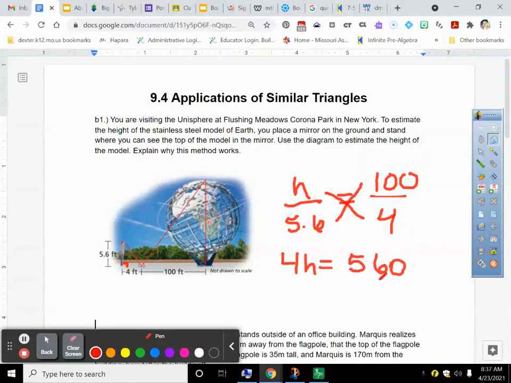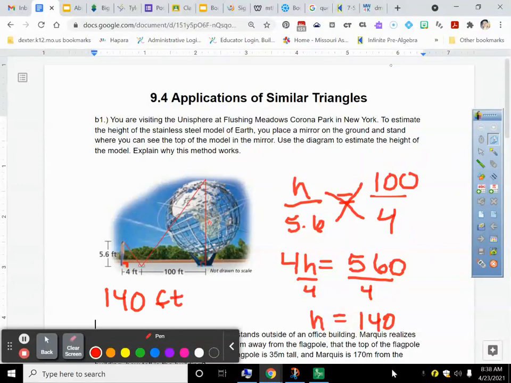Perfect. And Grace, now what do we do? Divide both sides by 4. And then I get h equals what, Sydney? 140. So this tower of the Earth is approximately 140 feet tall.